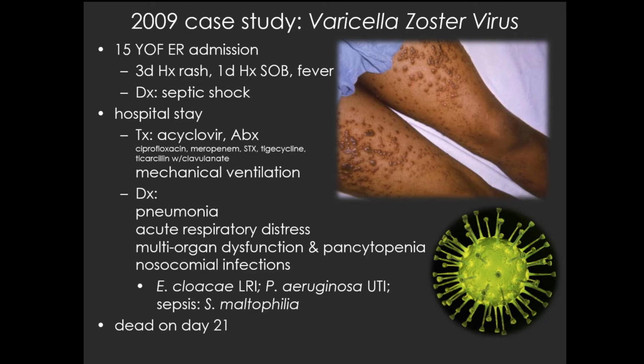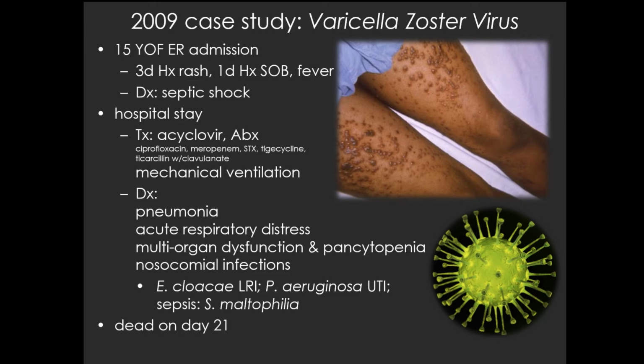So it's very serious. And in addition to those symptoms that are directly caused by this varicella zoster virus, she also ends up with 3 nosocomial infections: a lower respiratory tract infection of Enterobacter cloacae, which probably was a result of that mechanical ventilation.